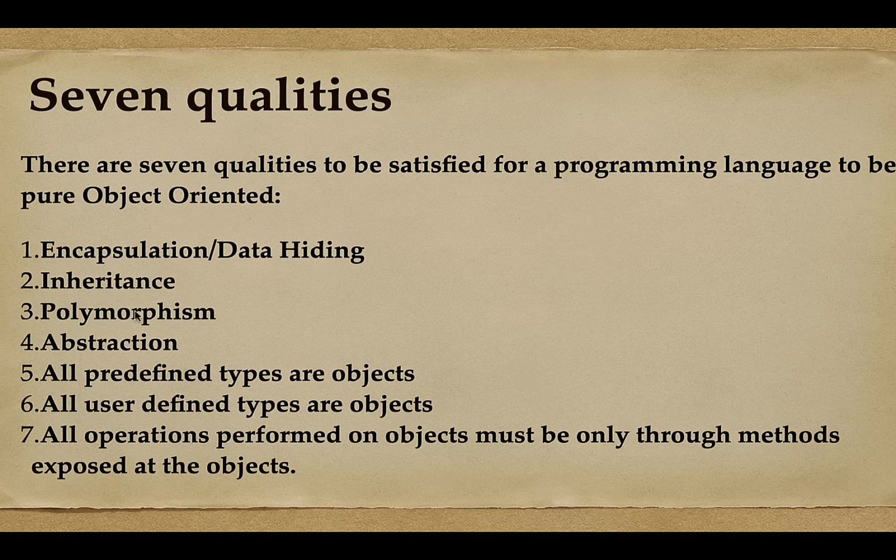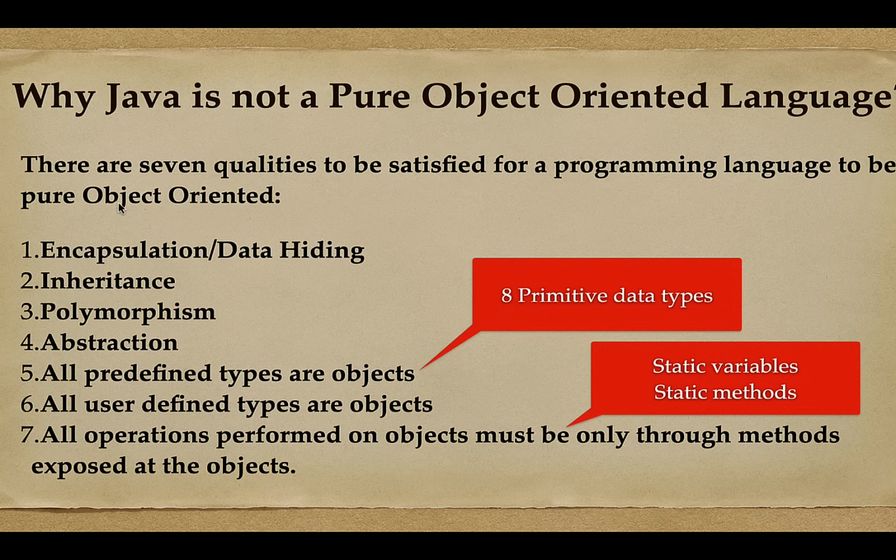Well, these are the 7 qualities the programming language should satisfy in order to call it a purely object-oriented programming language. Let's compare these 7 qualities with the Java programming language, and understand why Java is not a purely object-oriented language. You can see here, among these 7 qualities, the 5th one and 7th one. In Java, we have 8 primitive data types, right? int, char, long, double, float, short.